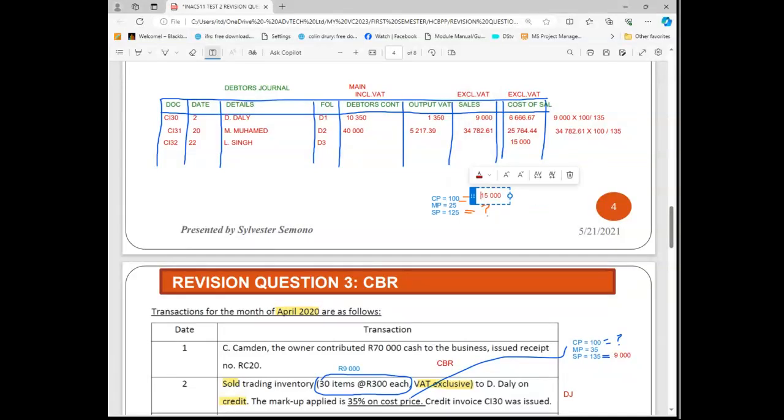So then you're going to take the 15,000, multiply by 125, divided by 100, which is then 18,750.